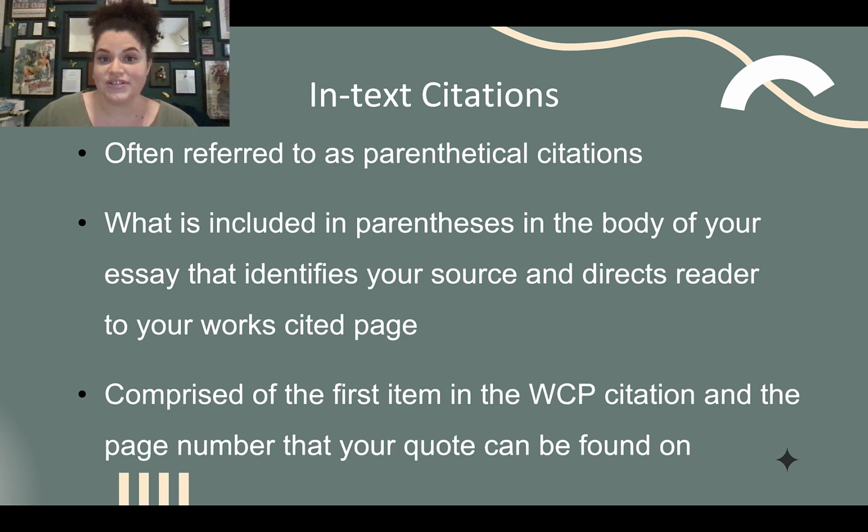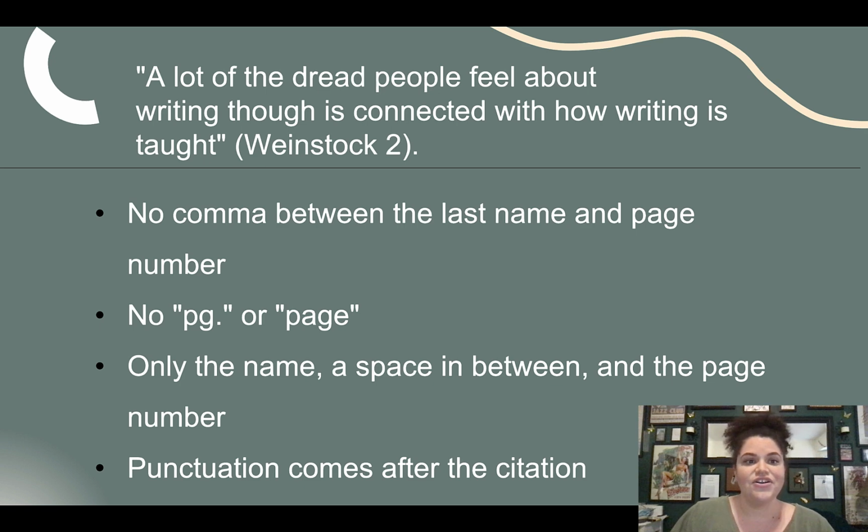If you remember those templates I showed you, most of the time, the source has an author, and the first thing that's listed in the citation on the works cited page is the author's last name. So 9 out of 10 times, what goes in the in-text citation is the author's last name and the page number that your quote can be found on. Here is an example.